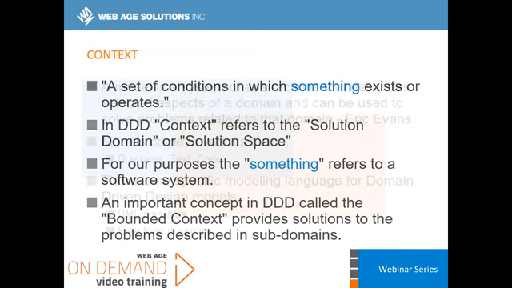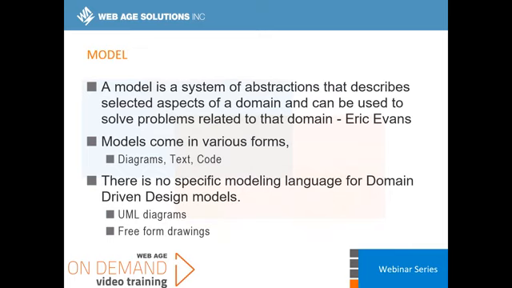One of the things I may have mentioned a couple of times already is this word model. Eric Evans wrote the initial book on domain-driven design back in 2004, and he defined a model as a system of abstractions that describes selected aspects of a domain and can be used to solve problems related to that domain.